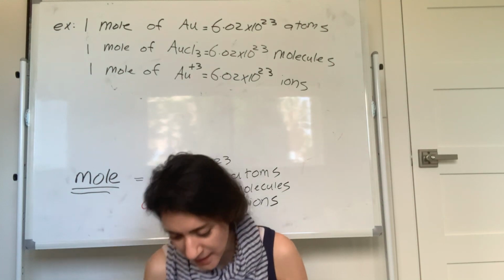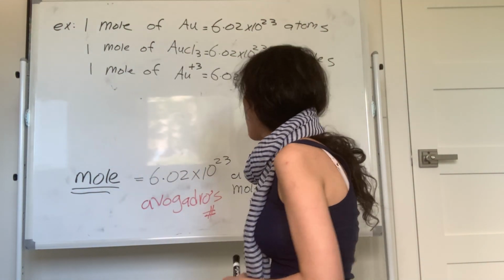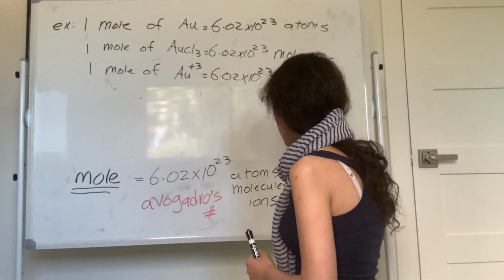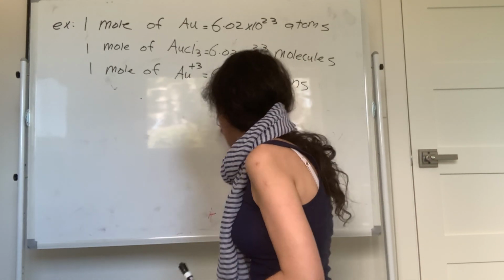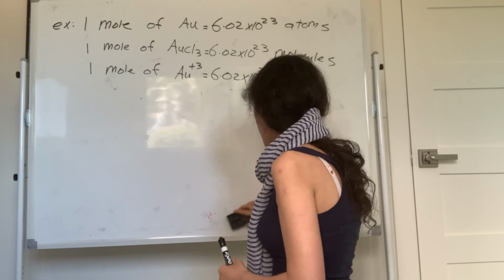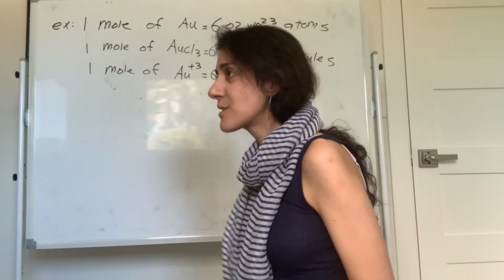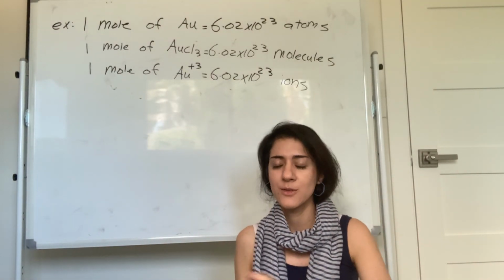We're good so far? Okay. Again, I wanted you to know why we're doing that. The reason is that we can't physically measure moles. If I tell you, go get me 1 mole of carbon, you can't sit down and count 6.02 times 10 to the 23rd.